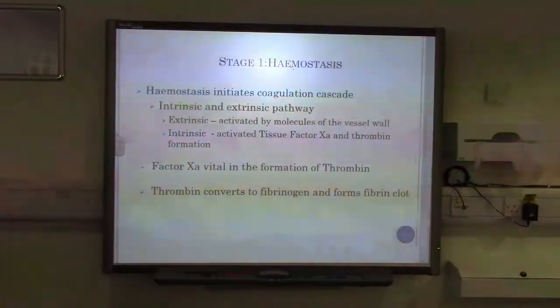Now if we move on to the stage of hemostasis. Hemostasis initiates the coagulation cascade, and the coagulation cascade involves 2 pathways, the intrinsic and the extrinsic pathway. The extrinsic pathway happens initially, and this is activated by the molecules that are present due to exposure of that wound site.